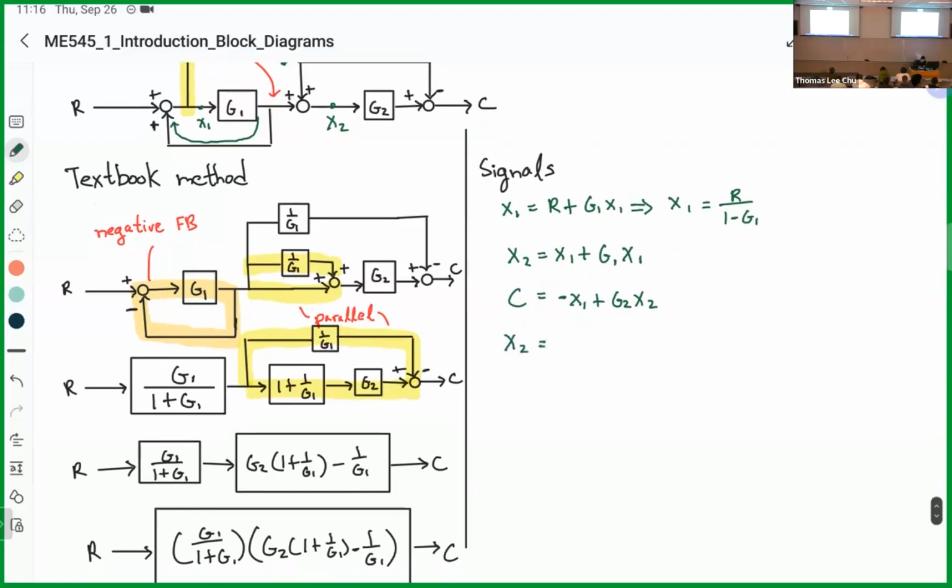X2 is going to be equal to R over 1 minus G1 plus G1 R over 1 minus G1. That's going to be equal to 1 plus G1 times R divided by 1 minus G1.